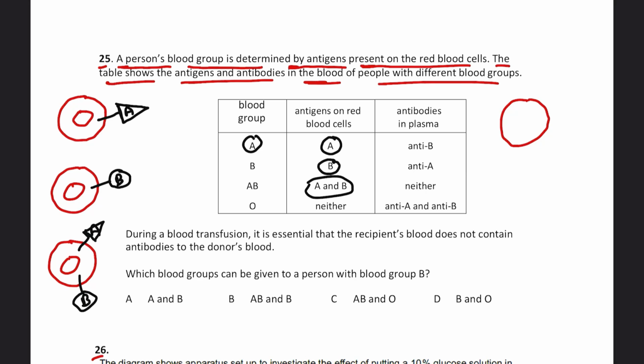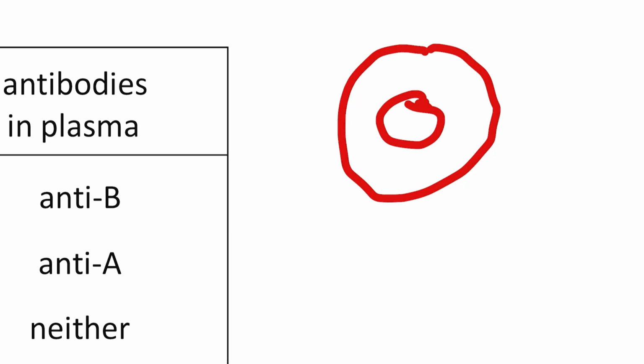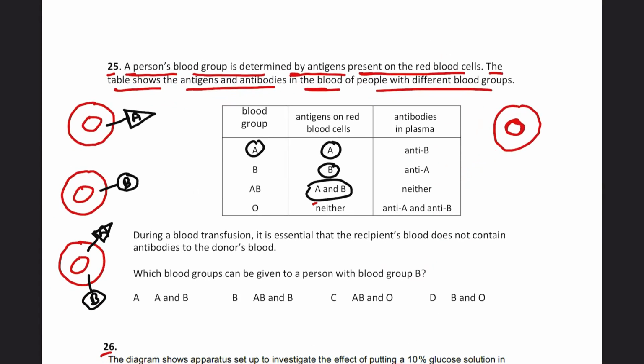And if the blood group is O, then there will be no antigen on the surface of the red blood cell. The red blood cell looks like an O, that's why O blood group. I hope you get this point.